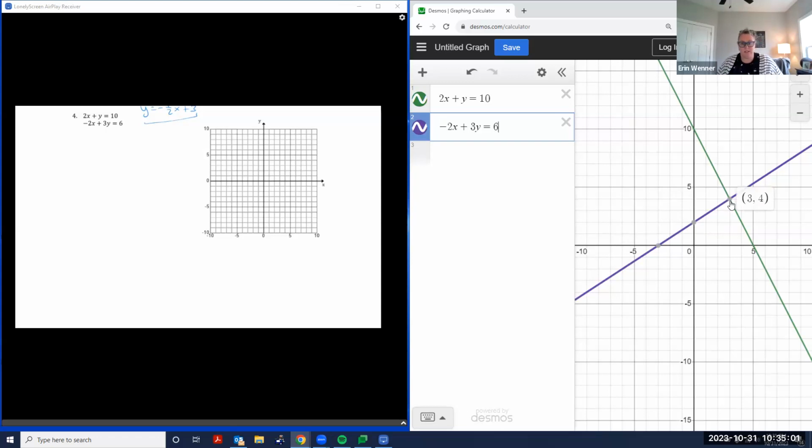And these lines intersect at the point 3, 4. So there's the solution, which is 3, 4, which tells us that this is a consistent system, and that the equations are independent.